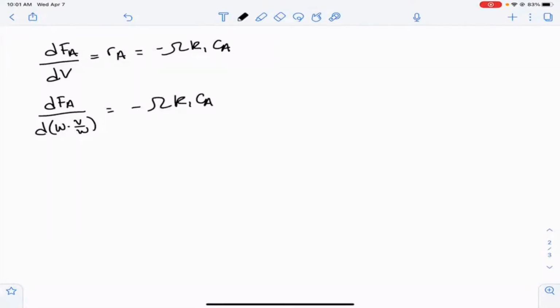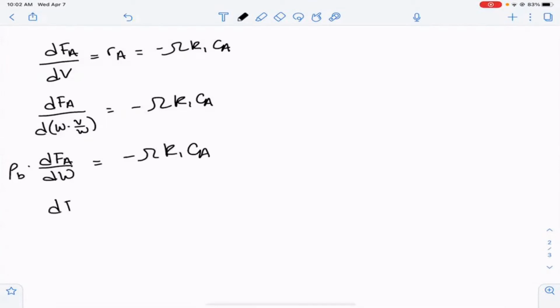And that thing is just rho B. So then this simply becomes dFA/dW times rho B equals minus the overall effectiveness factor times k1 times CA. And then this becomes dFA/dW equals minus the overall effectiveness factor times k1 prime times CA.